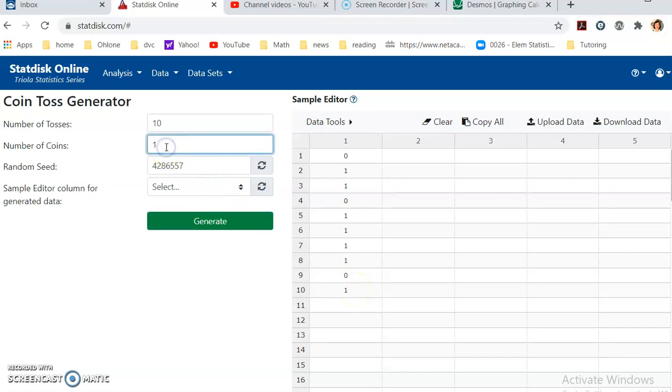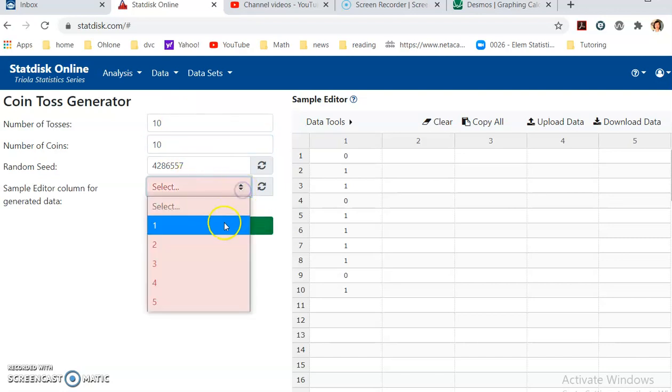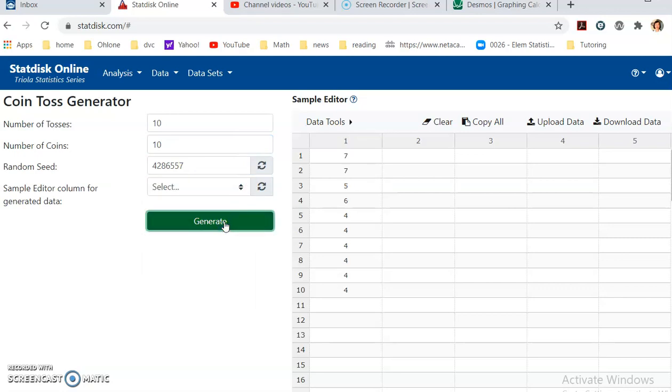I'm just gonna toss it a lot of times, pretend that I have 10 coins. So sometimes you would have 7 heads, sometimes 5 heads, sometimes 6 heads, sometimes 4 heads. Do you see 1 head? No, it's very rare, right? So this is how you can gauge what is rare, what is not rare.